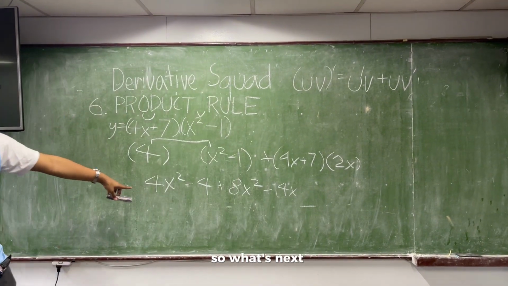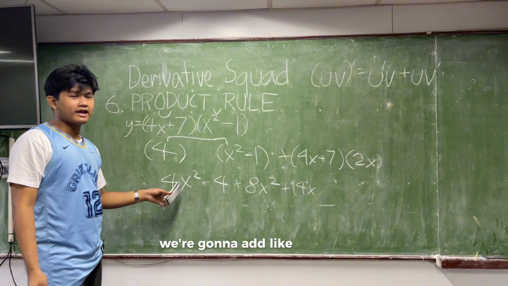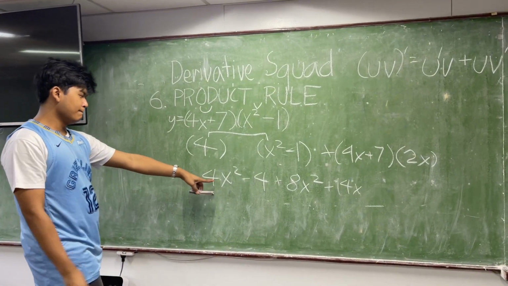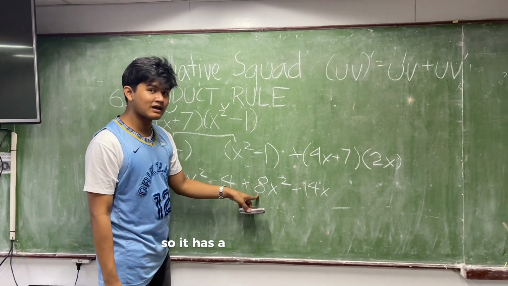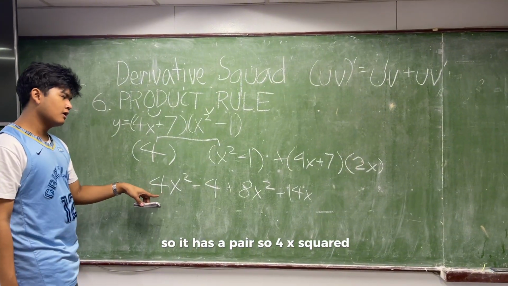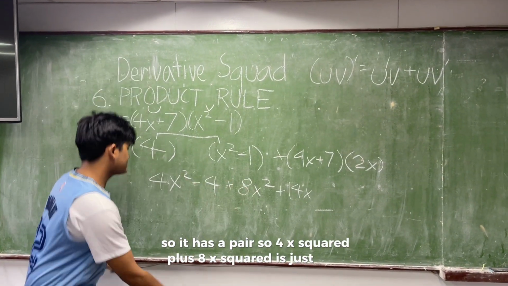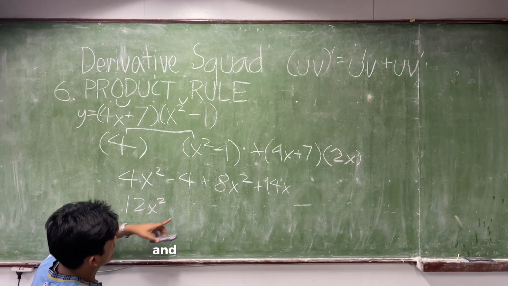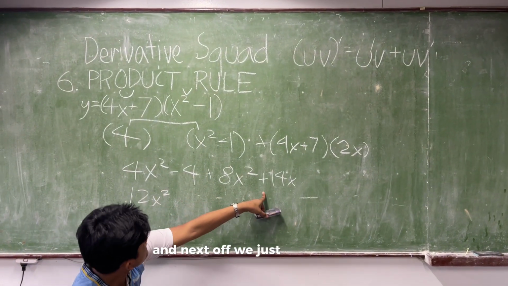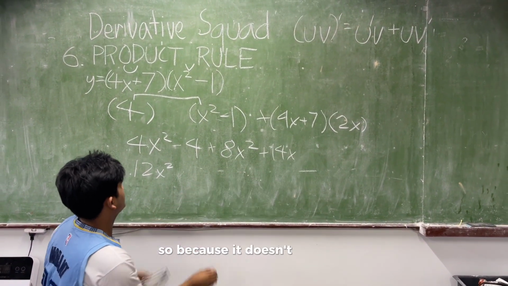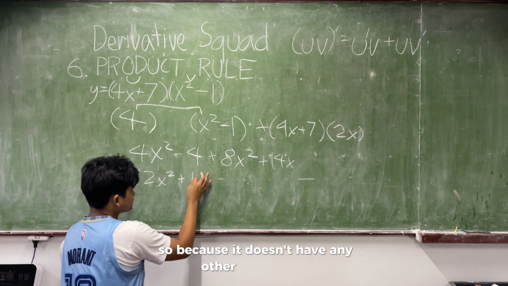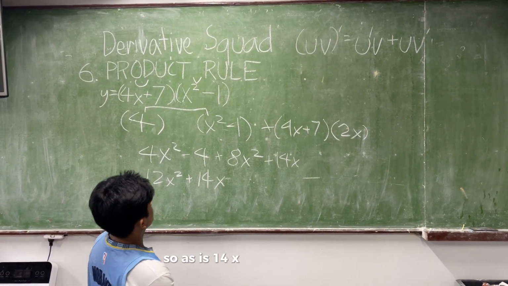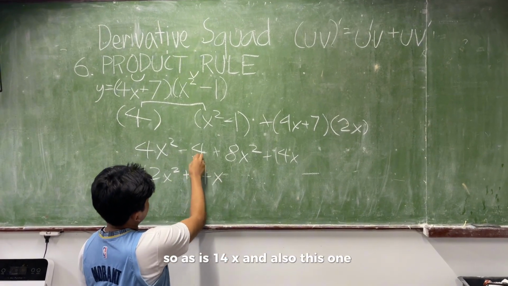So what's next? We're going to add like terms. First off, we're going to find the squares. So 4x squared plus 8x squared is just 12x squared. Next, we're just going to copy 14x as is, because it doesn't have any other like terms, and also this one.